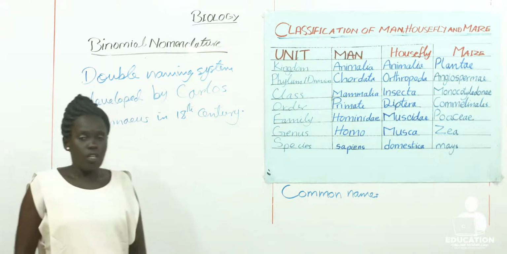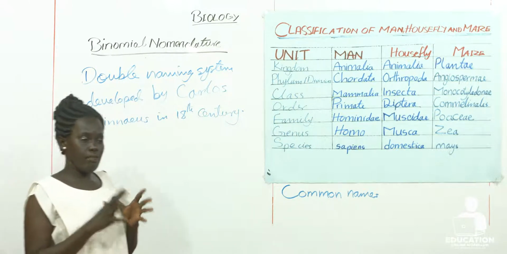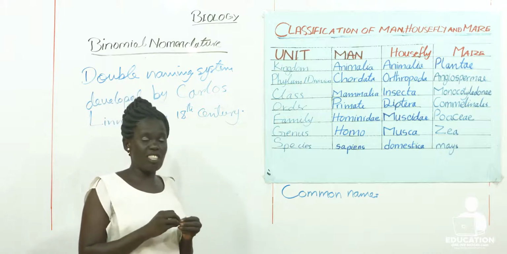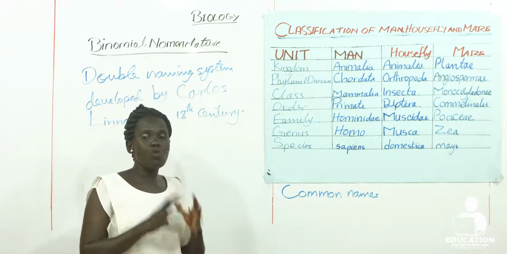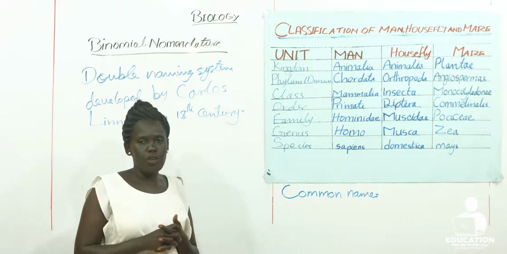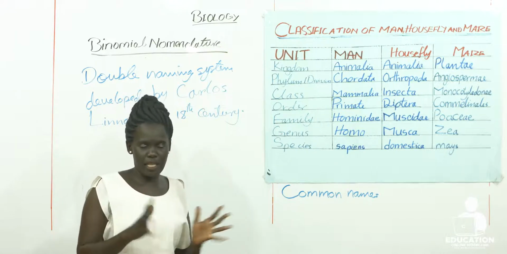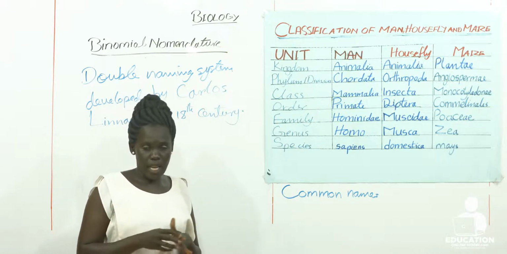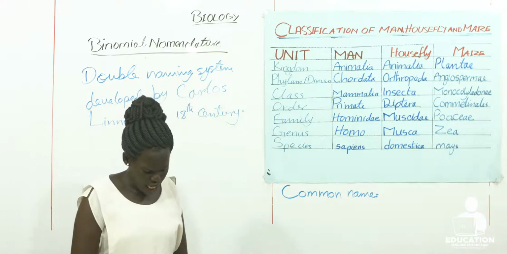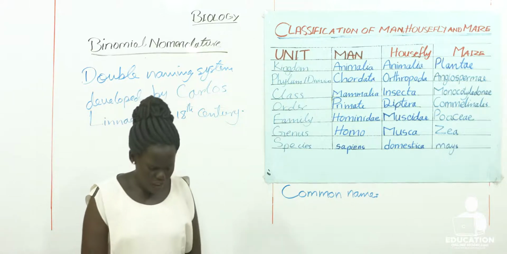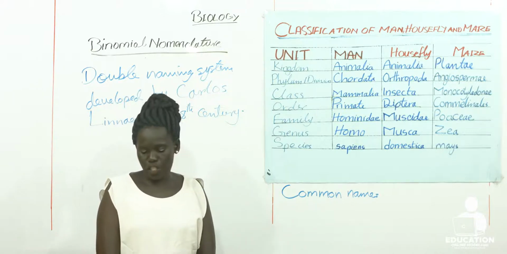So the writing of scientific names has rules. We don't write it just anyhow like that. These rules are known as the principles of binomial nomenclature.